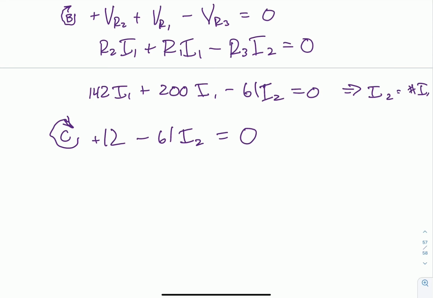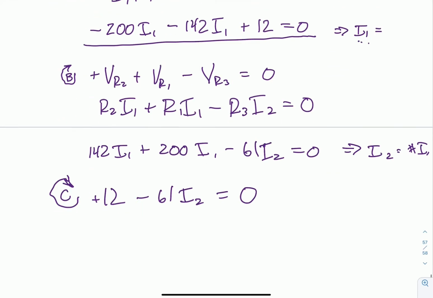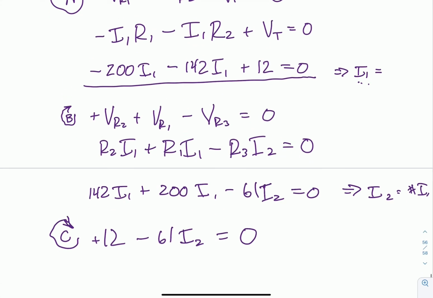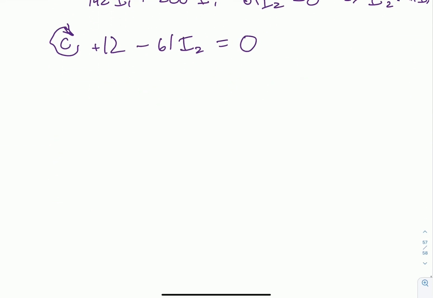So it turns out if I was doing this, I would probably choose to use loop A and loop C. And maybe it would be beneficial to create a solutions table for this.